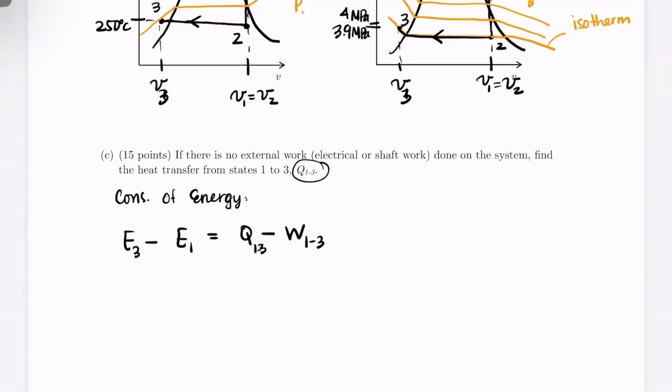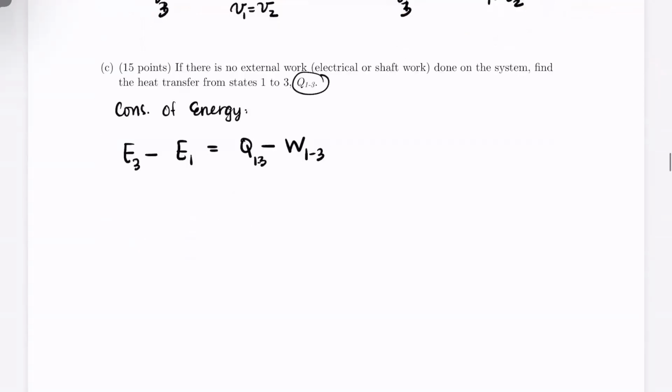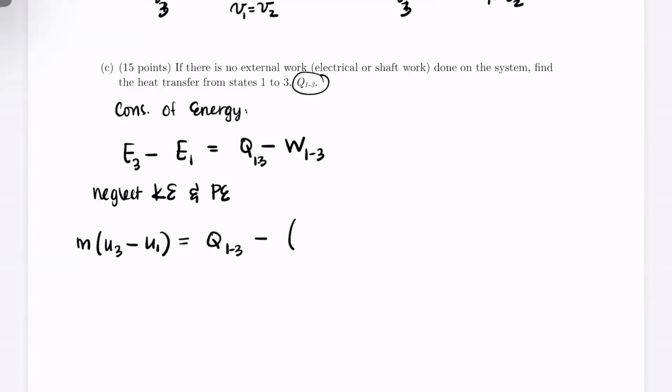That's the same equation that's on the equation sheet, right? And we're going to neglect kinetic energy and potential energy. So this means that we can rewrite our total energy as just mass times the specific internal energy. So we have m(U3 minus U1) is equal to Q13 minus, and now I'm going to write out the work for 13.